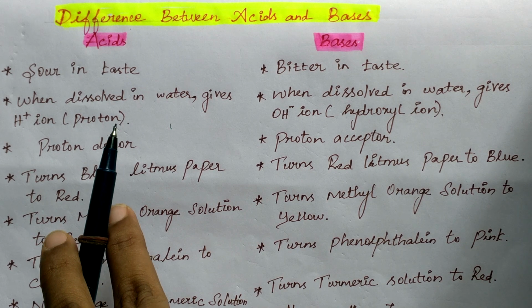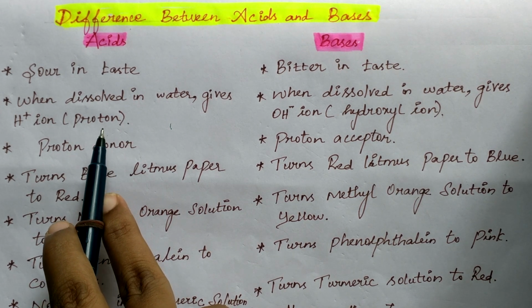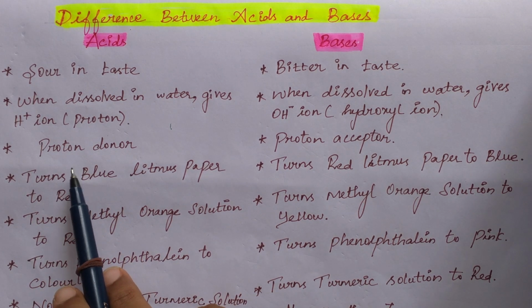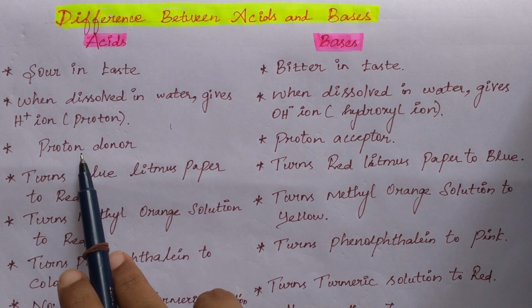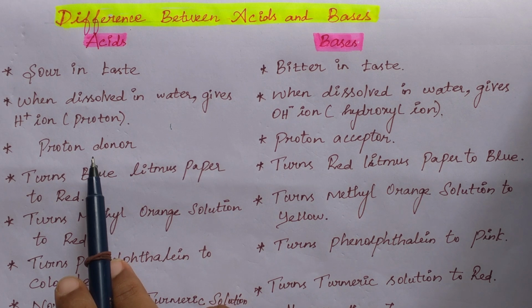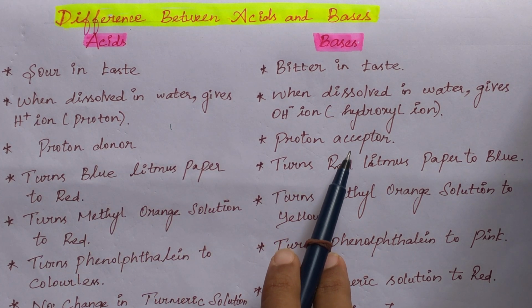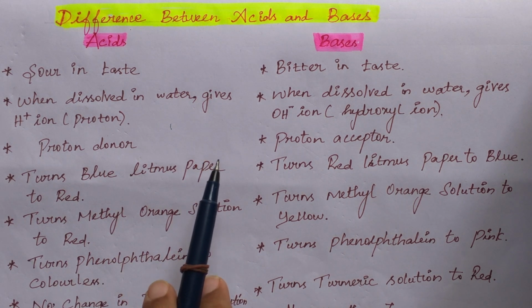That H plus ion is generally known as a proton. Third point, acids are proton donors. Proton means H plus, so it can donate the H plus ion to other substances. But bases are proton acceptors; they accept the H plus ion.